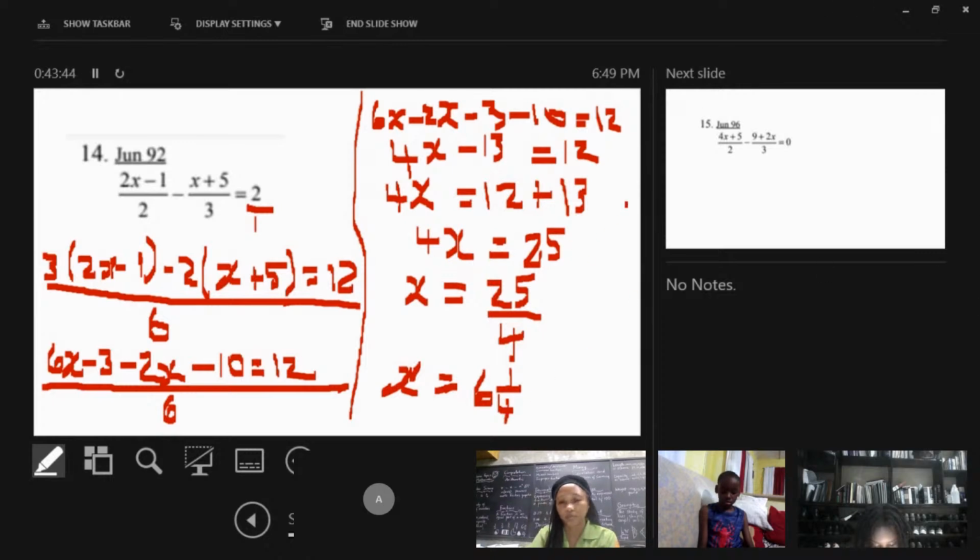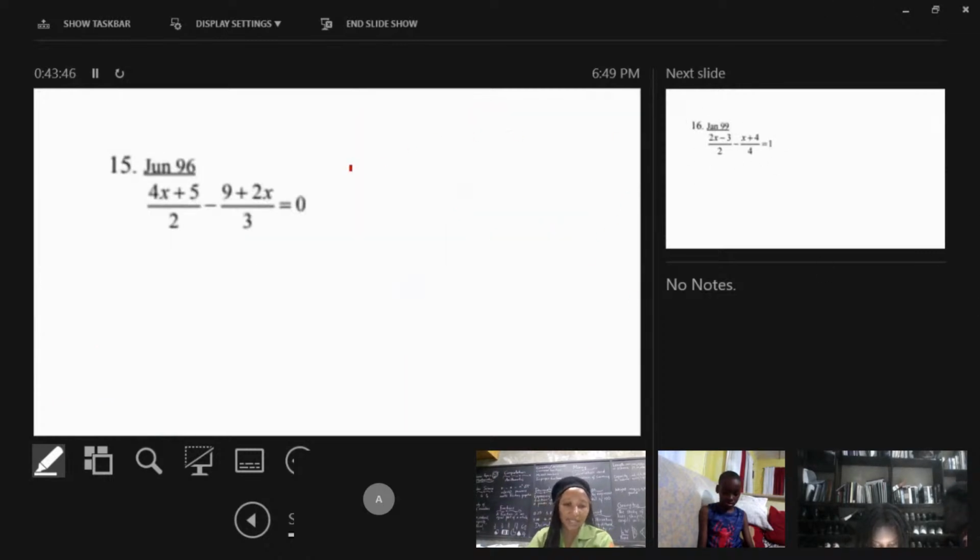Okay. Thank you, John. Asar? Yes, miss, number 15. Okay. 4x plus 5 over 2 minus 9 plus 2x over 3 is equal to 0. The lowest common multiple of 2, 3, and 1 is 3.